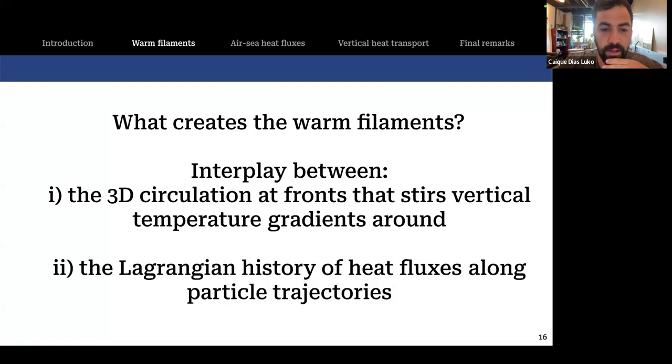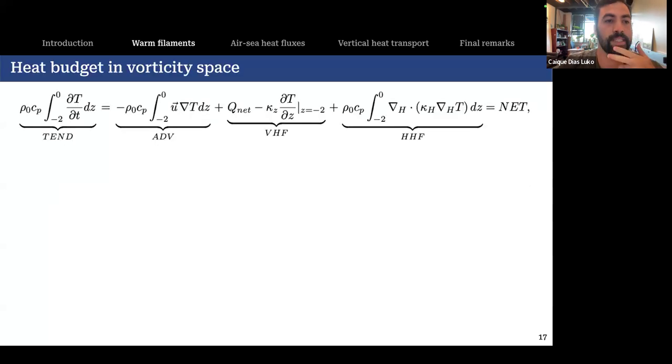But we're also going to have a role of the atmospheric heat fluxes along the particle trajectories, which are going to sustain and amplify these filaments. And so to convince you that this is happening, we're going to use two methods. We're going to first do a heat budget, and then I'm going to show you a Lagrangian experiment.